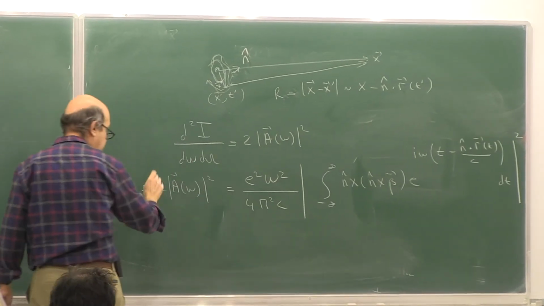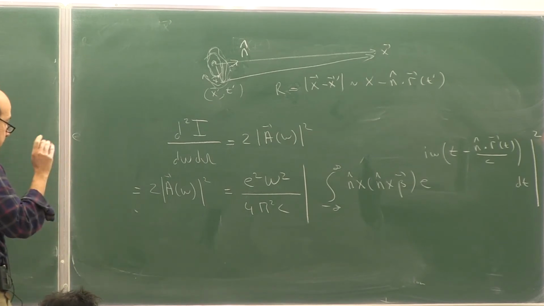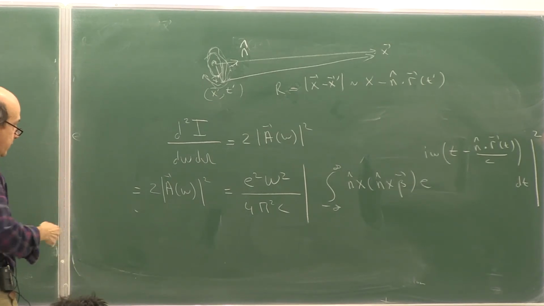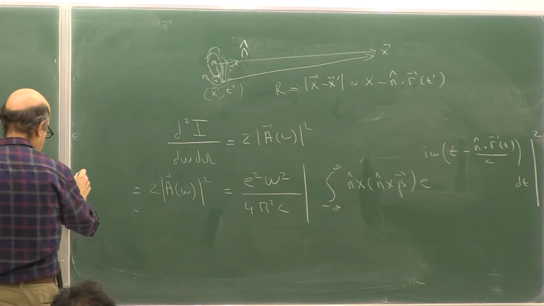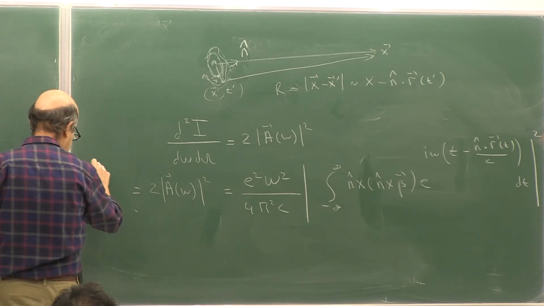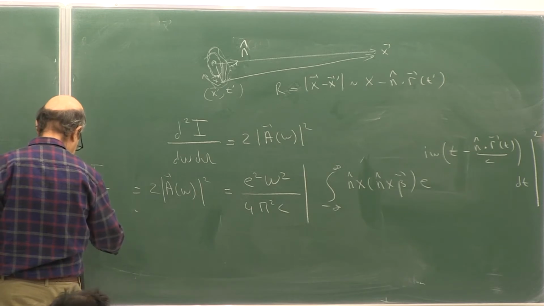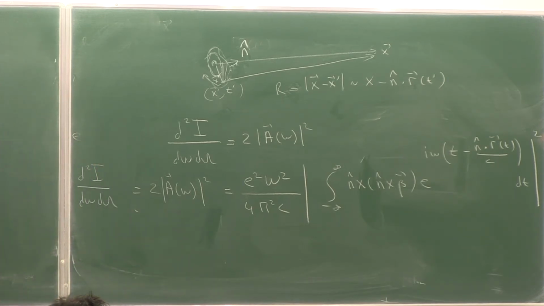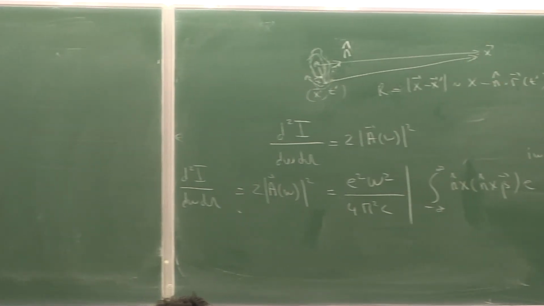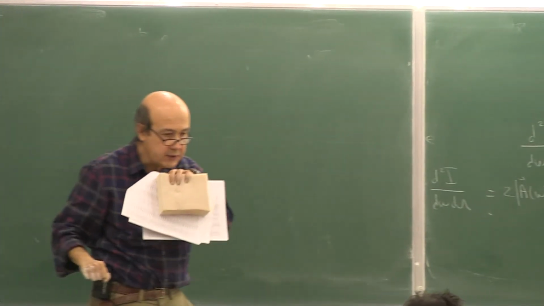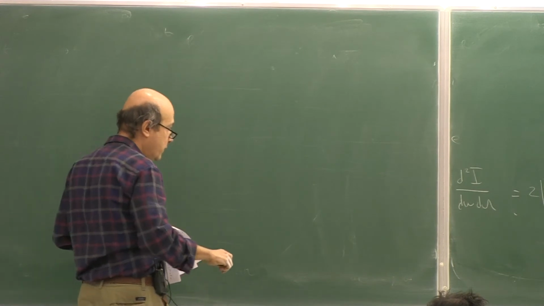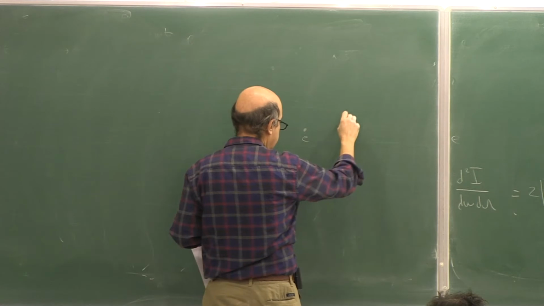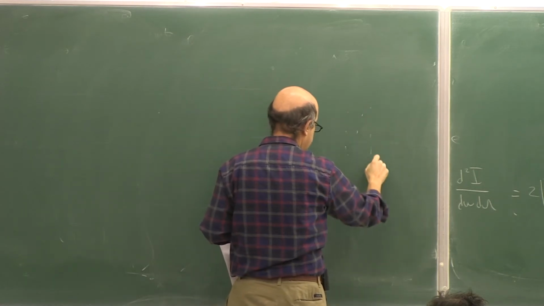You can apply this for cyclotron radiation, Cherenkov, Bremsstrahlung emission. Let us look quickly at the Bremsstrahlung emission. Bremsstrahlung emission is the braking radiation when the charge enters a medium of charges.